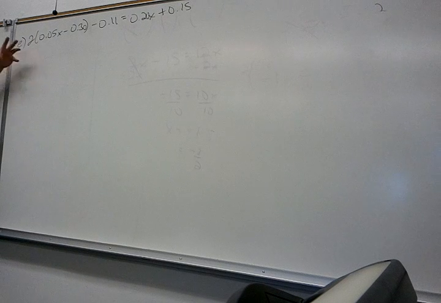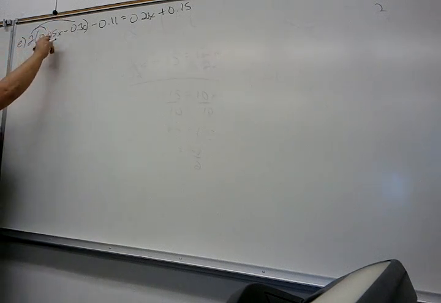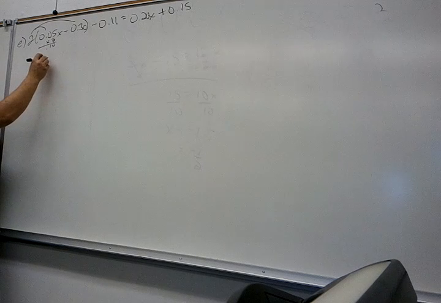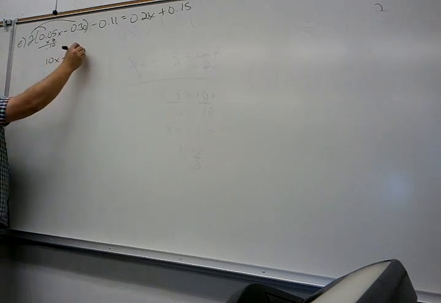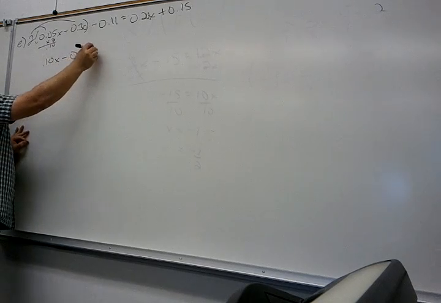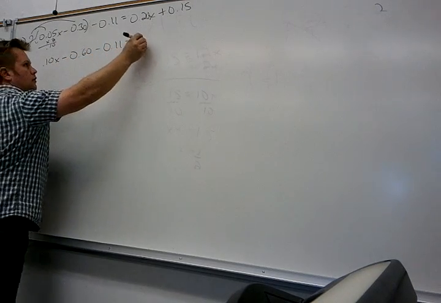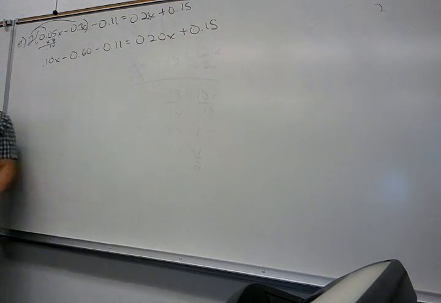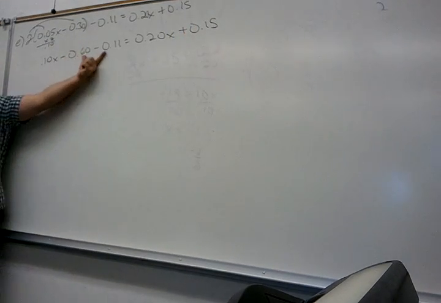So no matter what I do, what's the first thing I have to do here? Twice 0.05 is 0.1. Yeah. And then twice 0.03, I mean 0.30, is 0.6, 0.60. And now it's a little bit easier to put those together.